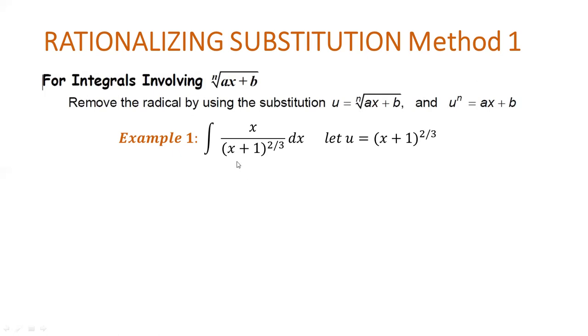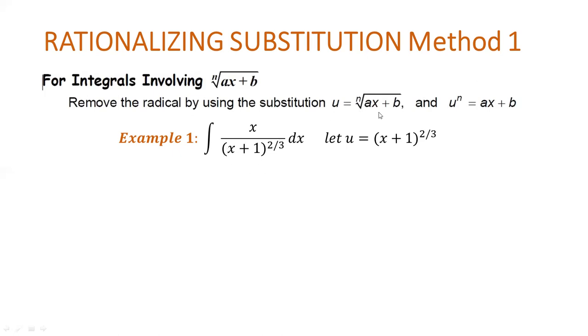So this integral here is x dx divided by the quantity x plus 1 raised to 2/3. You see that the expression x plus 1 raised to 2/3 has an exponent which is 2/3. So automatically, you will use a substitution equation.